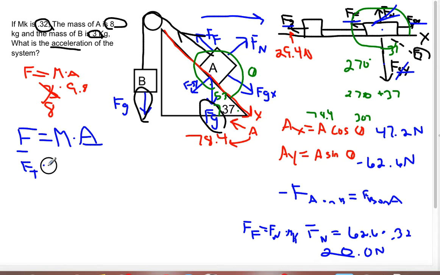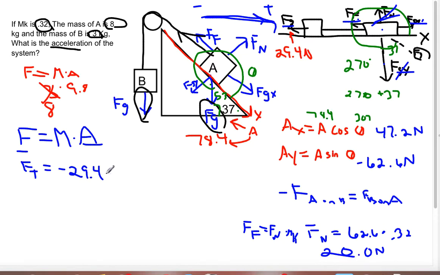What we're left with is our 3 x forces. So if we think that the box is going to move this way, let's call this side positive, and anything going this way we'll call negative. So I'm going to write negative 29.4 because F of g on b is going this way, which is our negative.